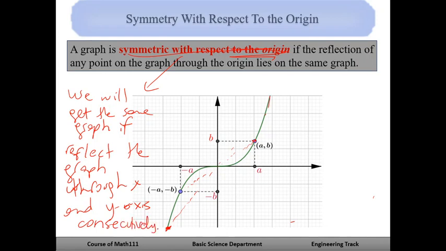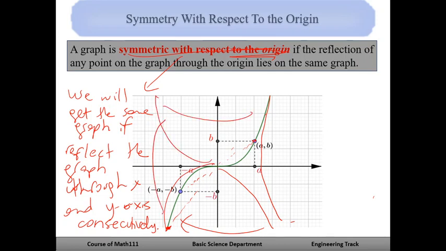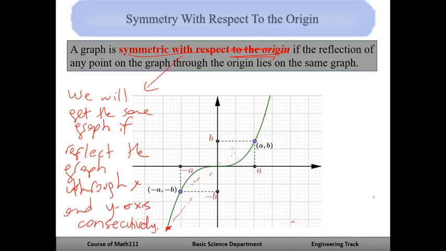So for example, reflect, you get this one, then reflect, you get this one, and take this one, reflect, you get this one, and reflect, you get this one. You see, when you reflect through the x and y consecutively, you will get the same graph.